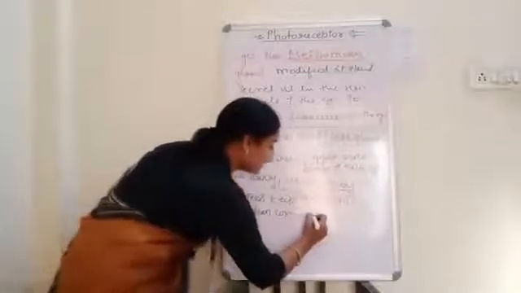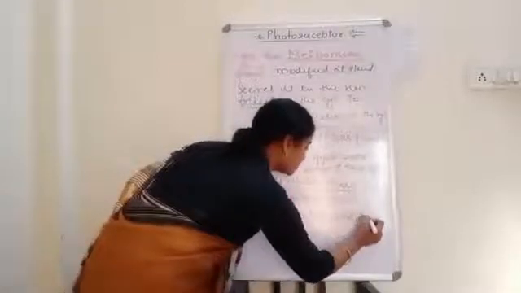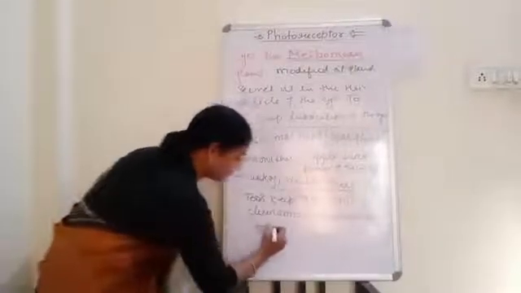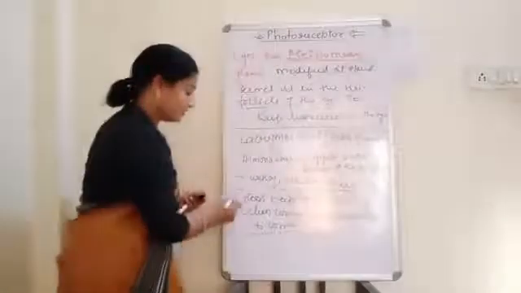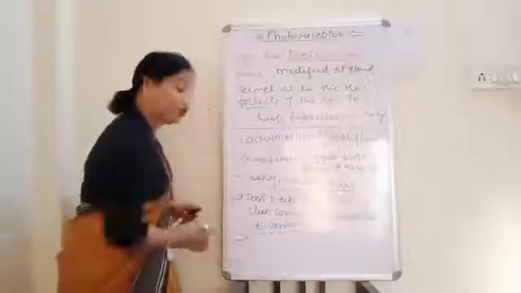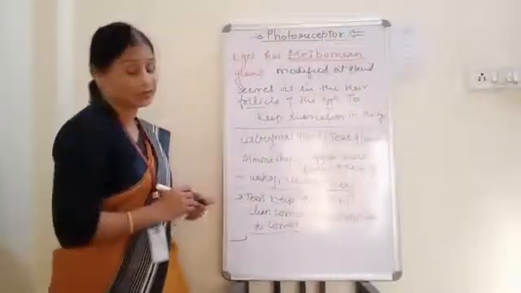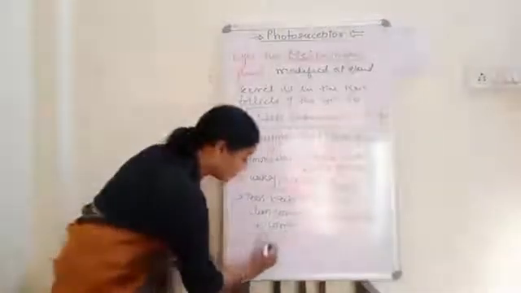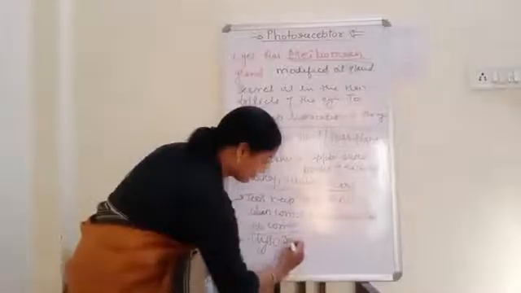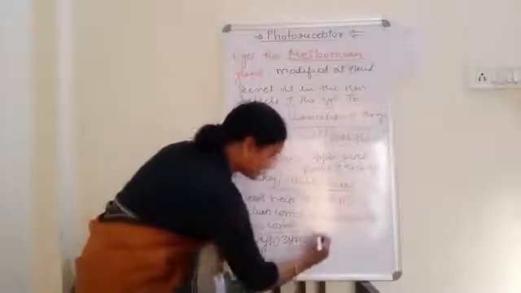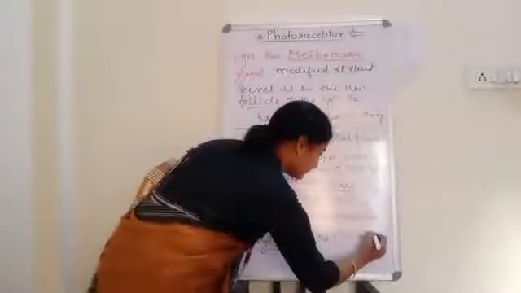Clean the cornea and provide nutrition to the cornea. Okay, so this is the important function of the tears. Along with this, tears also contain one enzyme called lysozyme. And this lysozyme kills the bacteria.